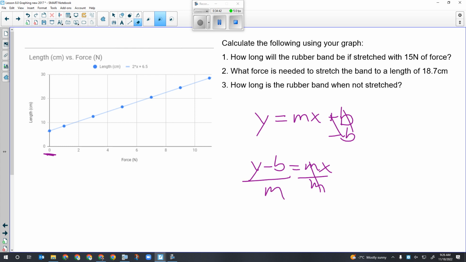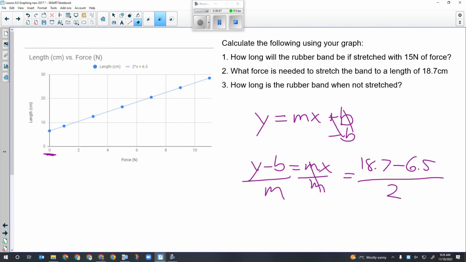Now I can plug in my numbers. They told me the length was 18.7 centimeters, minus the length of the rubber band when it's not stretched, 6.5 centimeters, divided by m, which is 2. The units for that, by the way, are centimeters per newton, not meters: how much longer it would get per newton of force being applied to it.